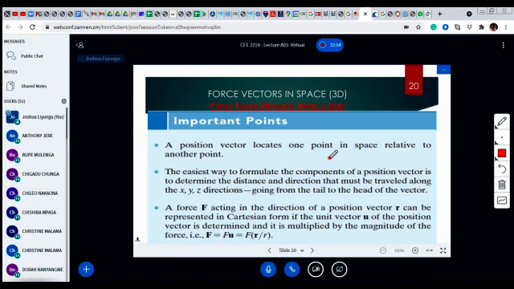A force F acting in the direction of a position vector R can be represented in Cartesian form if the unit vector u of the position vector is determined and it is multiplied by the magnitude of that force, which is F equals F times the unit vector, which is the same as F multiplied by the position vector divided by the magnitude of the position vector.